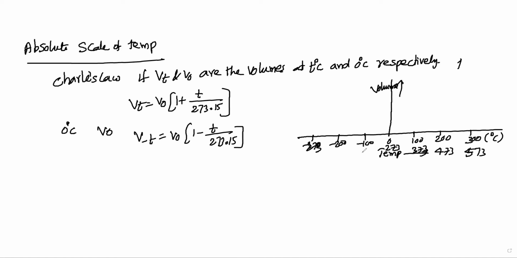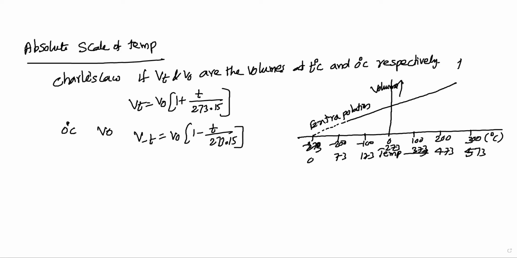While in Kelvin, 173, 73, 0. Now here this graph will come. This is extrapolation. Here you can understand the decrease of the temperature results in the decrease of the volume.